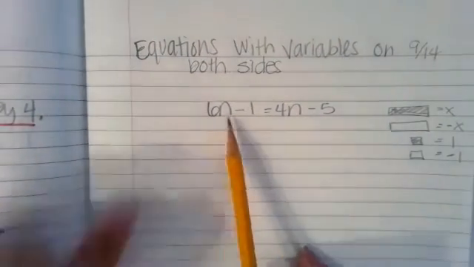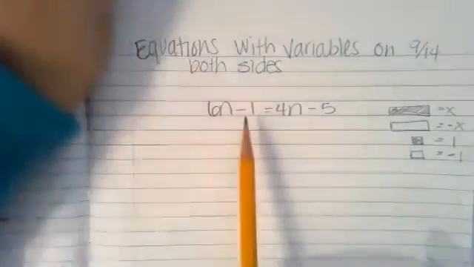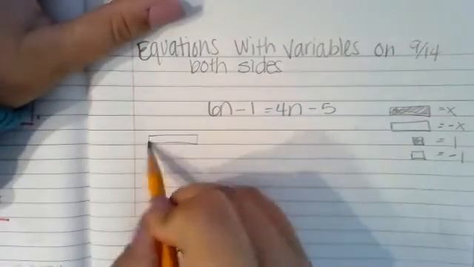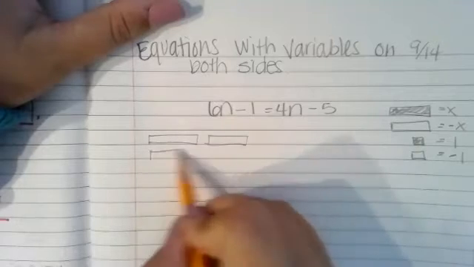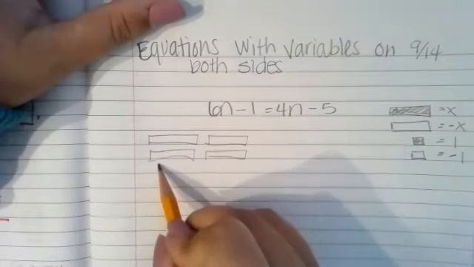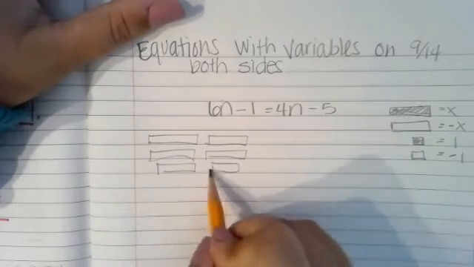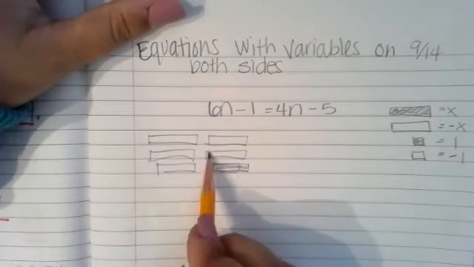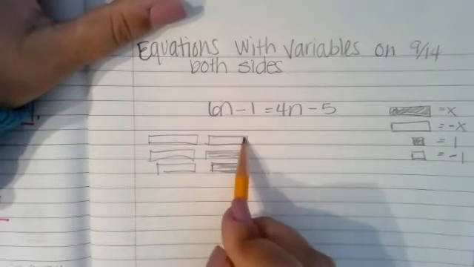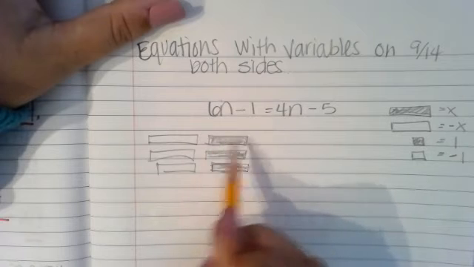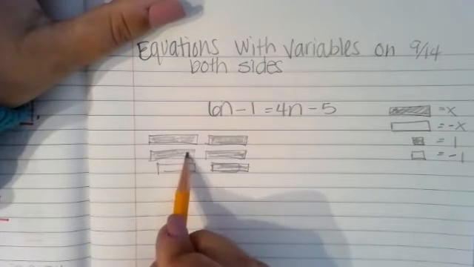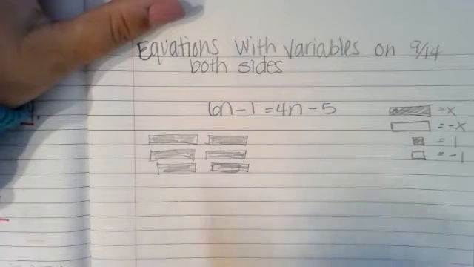So the first thing I'm going to do is draw this side out, which is 6n minus 1. So I have 6 n's: 1, 2, 3, 4, 5, 6. These should be shaded because they're positives. Your shading doesn't have to be perfect, but just good enough that we can tell.